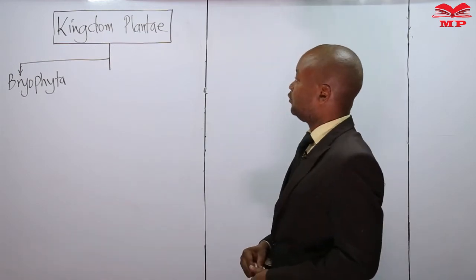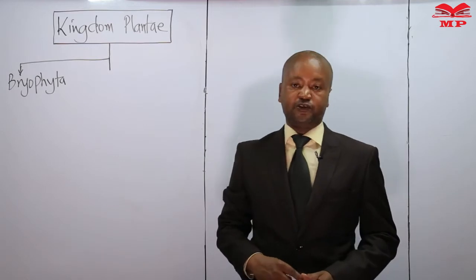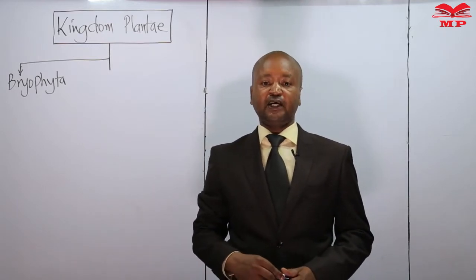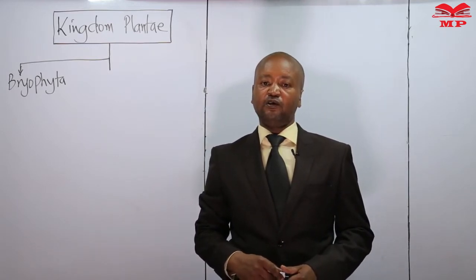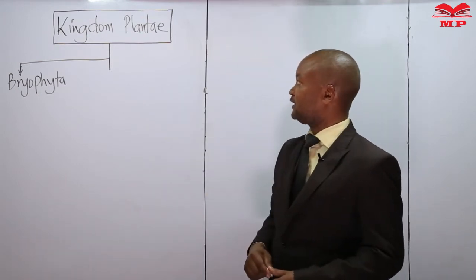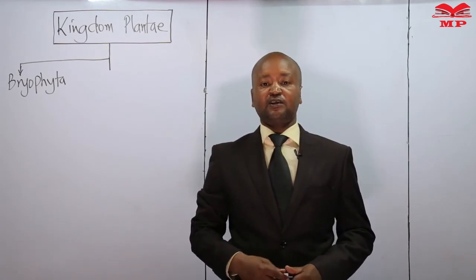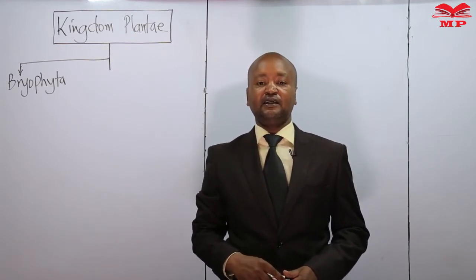Then they do not have roots, because typical plants must have four major parts, which we are going to look at when we look at the other divisions. So they have rhizoids. Rhizoids are structures that help them.